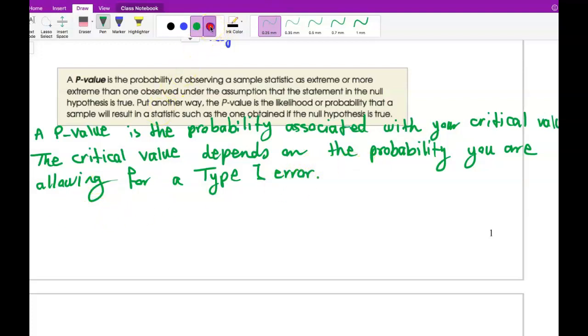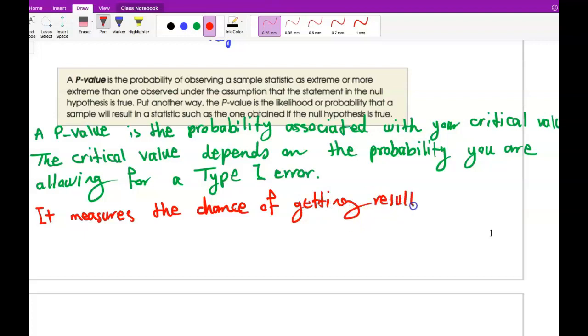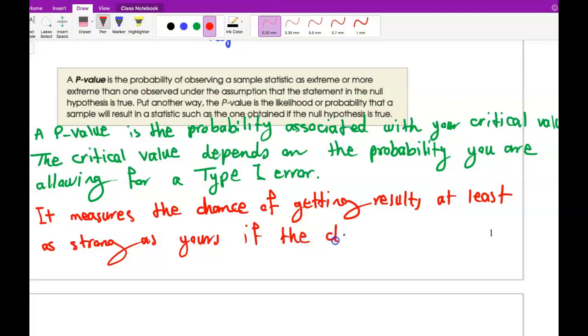So it measures the chance of getting results at least as strong as yours if the claim, or it's better to say this, if the null hypothesis were true.